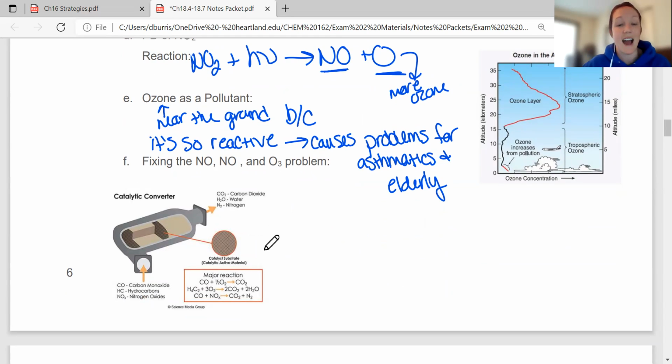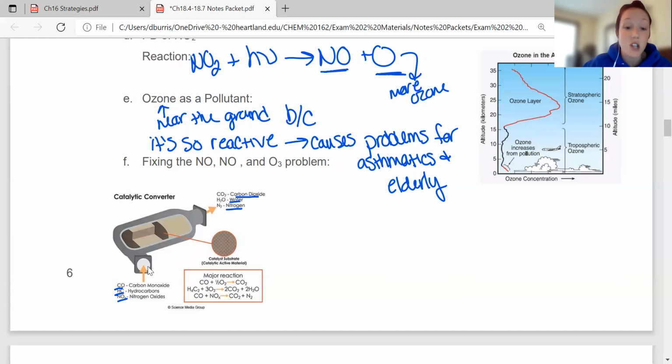You're required to have these in your car. What they do is they convert these things that we don't want, these carbon monoxide, these unreacted hydrocarbons, these nitrogen oxides that we were just talking about, into things that are not so problematic. Now, CO2, yes, problematic, but it's better than carbon monoxide, and water and nitrogen. All of these things are pretty stable and normal for our atmosphere.